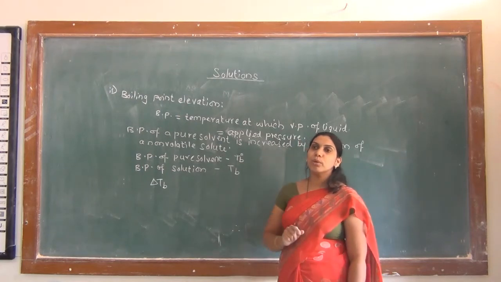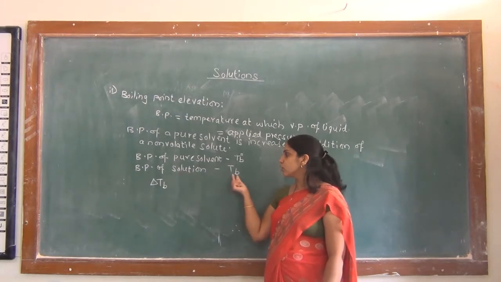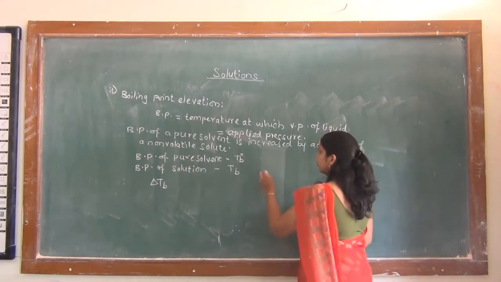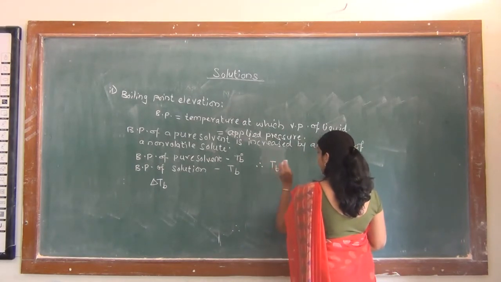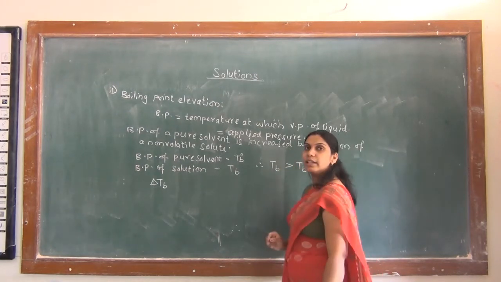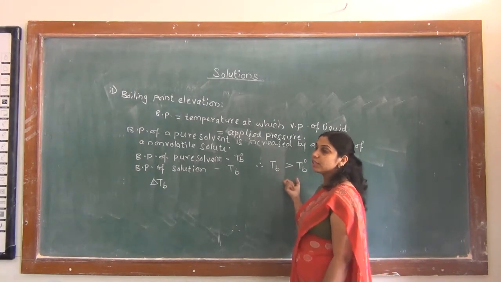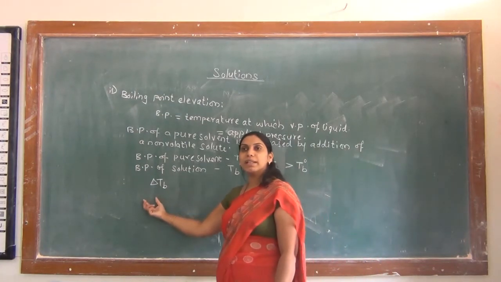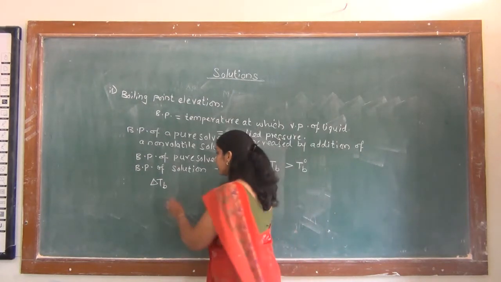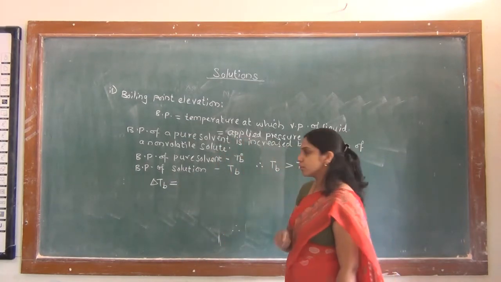As boiling point elevates, we understand that the boiling point of the solution must be greater than the boiling point of the pure solvent. So the condition is TB greater than T0B, and from this condition you can write down the mathematical formula for boiling point elevation.